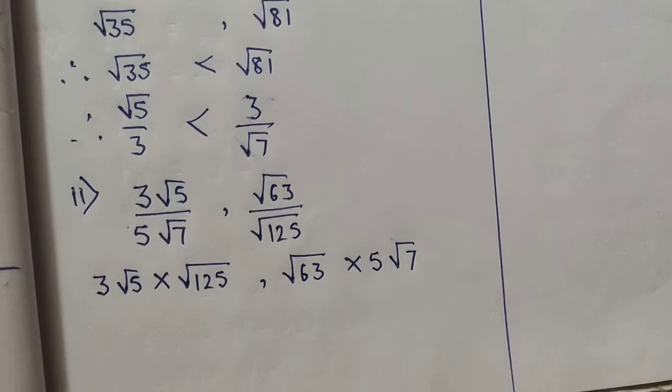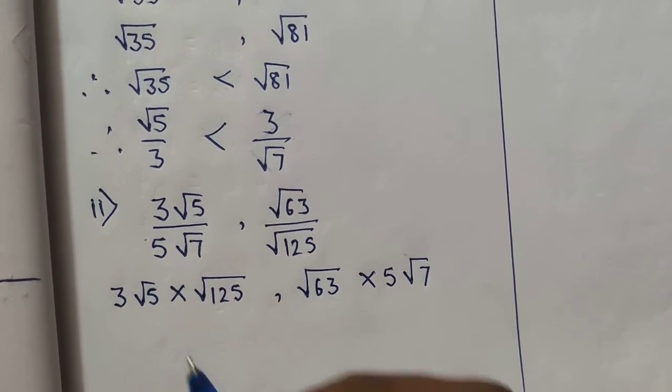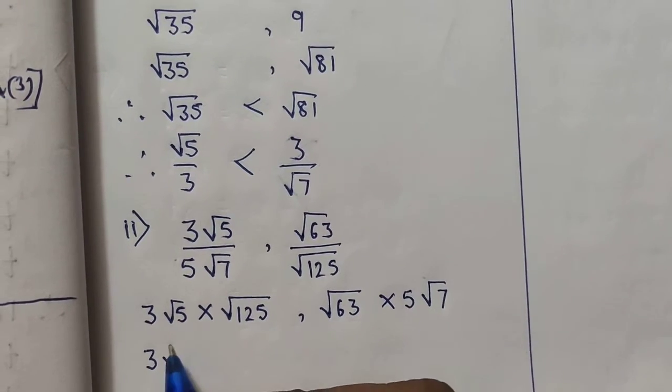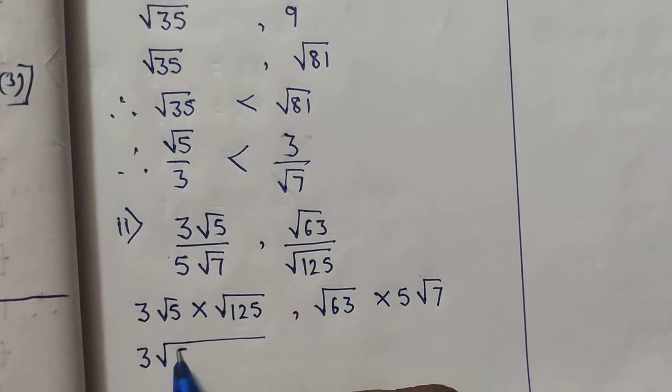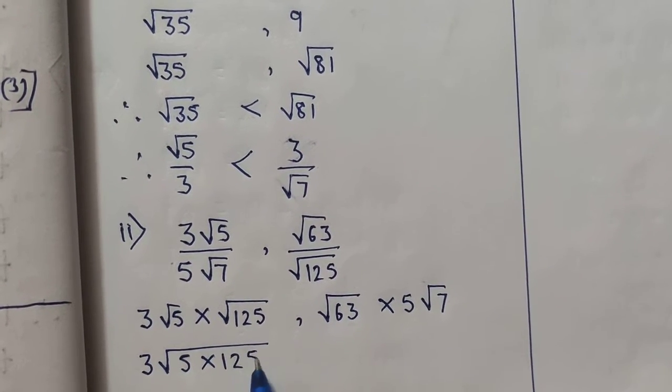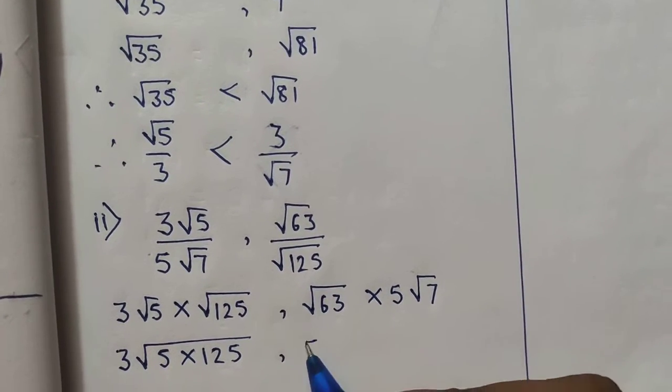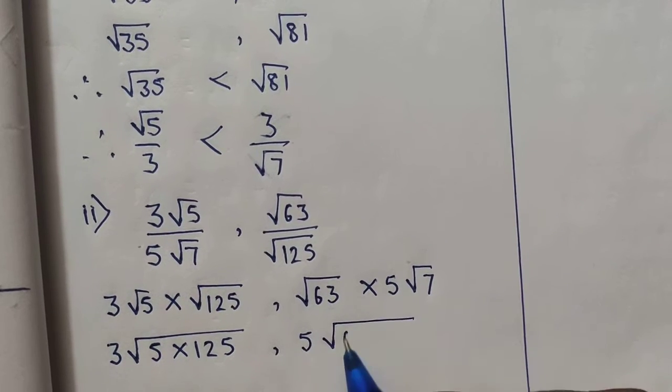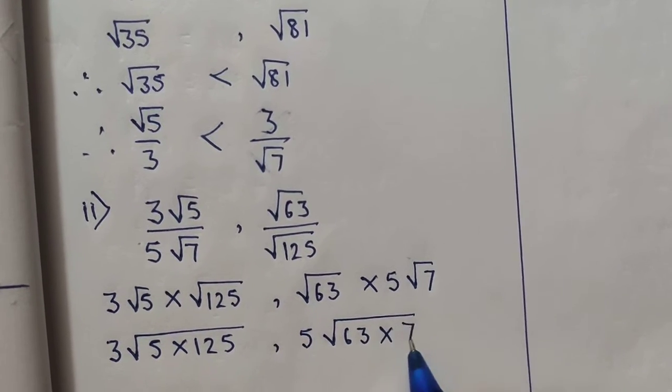Okay, now let us simplify this. This is 3 root, this becomes 5 into 125, right? This is 5, in the root you are having 63 into 7.